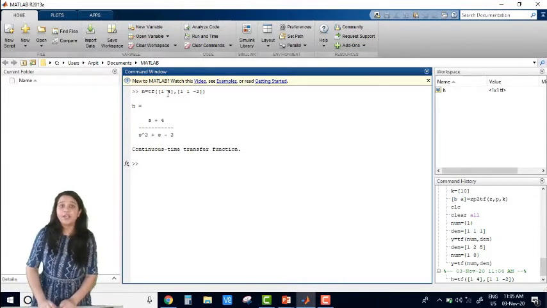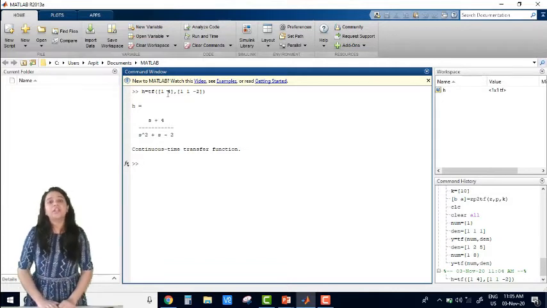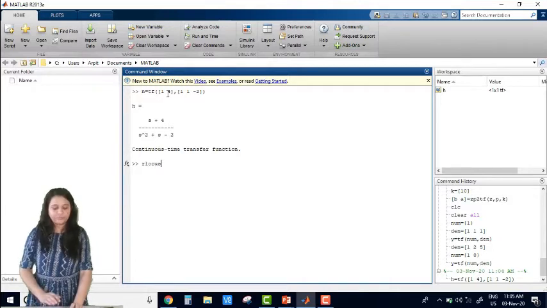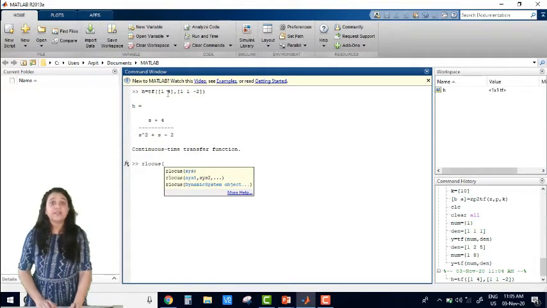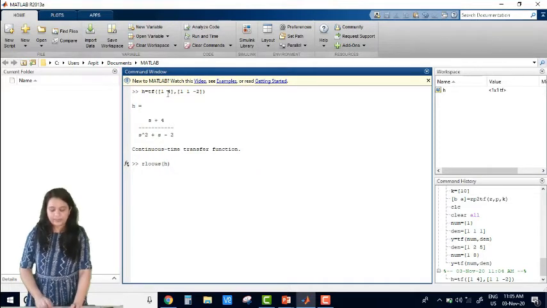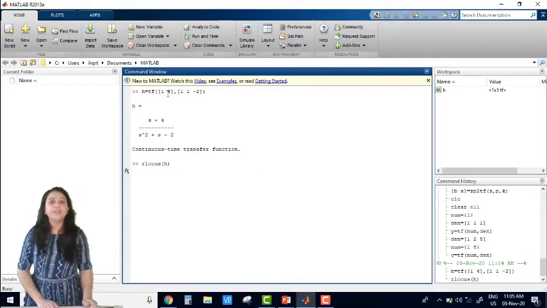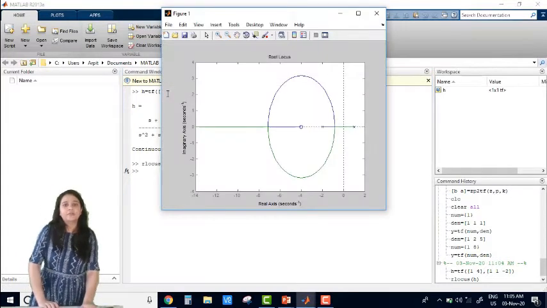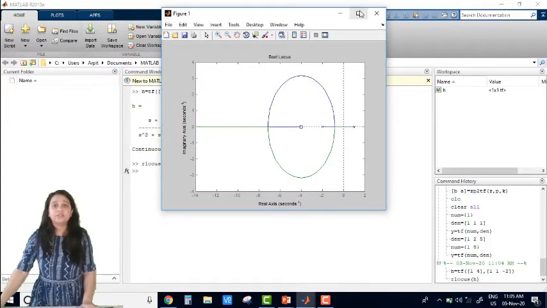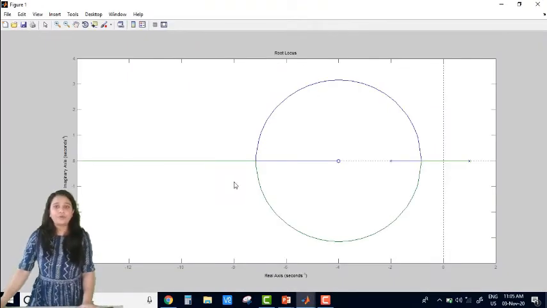Now we have to find the root locus of this particular transfer function, and the command for the root locus is rlocus. In this bracket, we put the transfer function h, bracket completed, and then see here, this is the plot of the root locus.